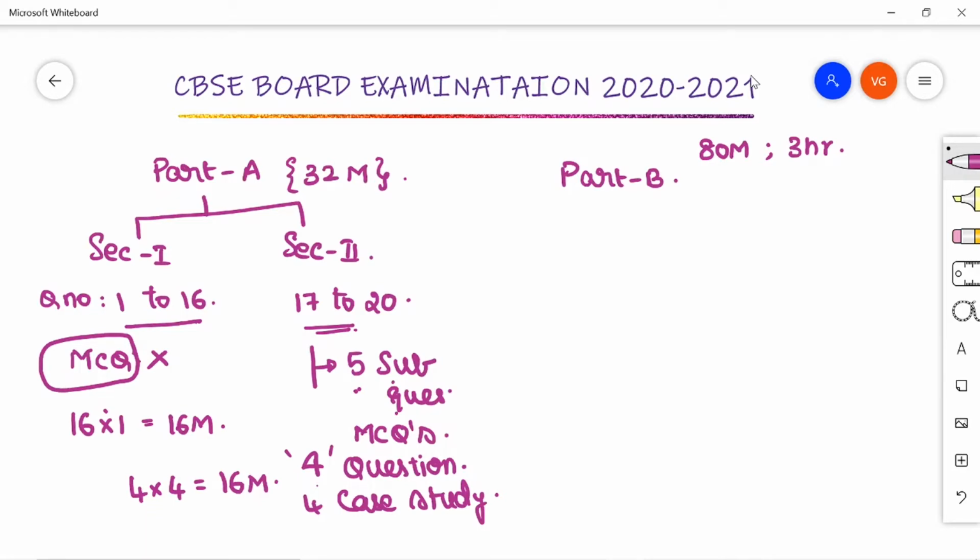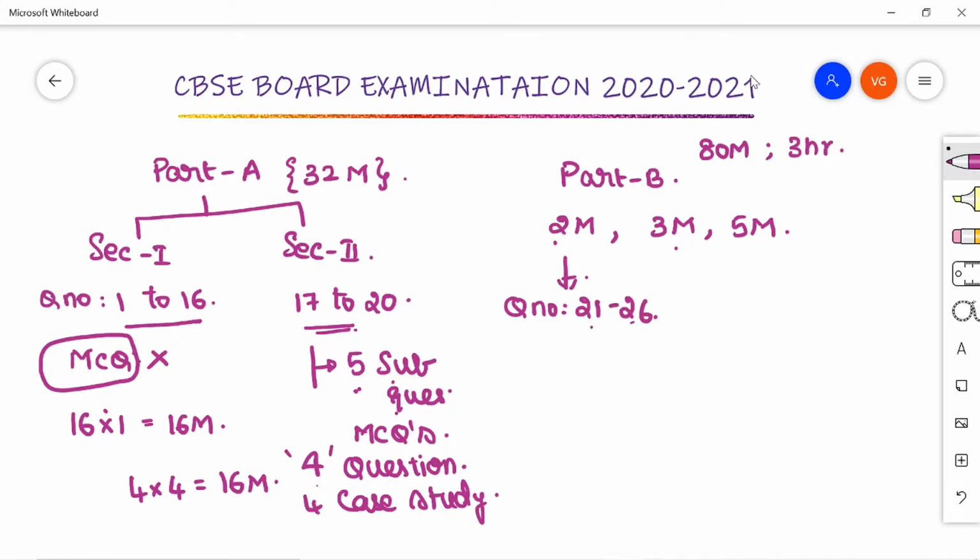Coming to part B here, it has 2 markers, 3 markers and 5 mark questions. 2 mark questions they call as very short answer, 3 mark as short answer and 5 marks as long answer type questions. So for very short answer 2 mark questions, you will have 6 questions from question number 21 to 26.